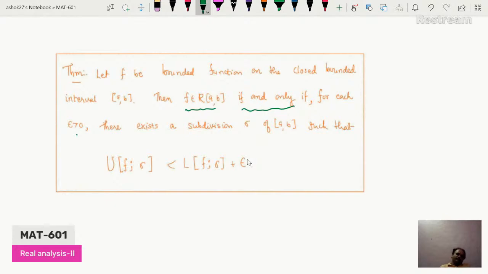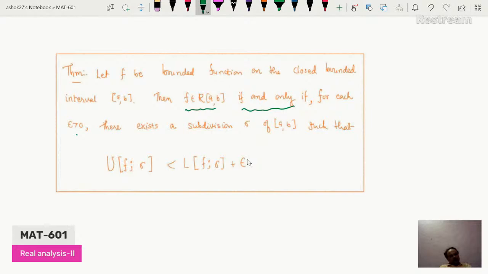So f is Riemann integrable if and only if it satisfies this inequality: for given epsilon strictly greater than 0, there should exist a subdivision sigma for which the upper sum is strictly less than the lower sum plus epsilon. If f is Riemann integrable, then this inequality is true for given epsilon and a corresponding subdivision sigma.